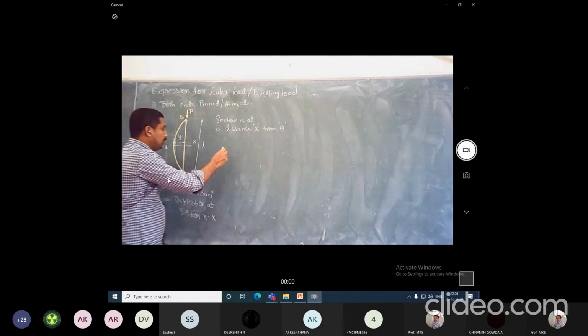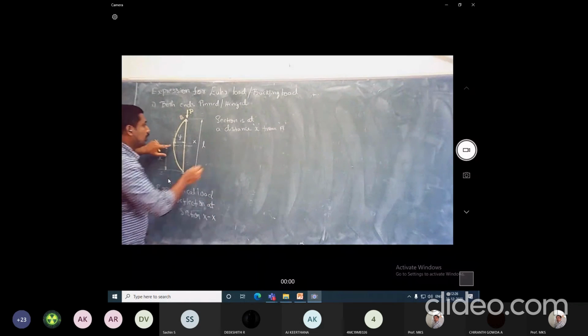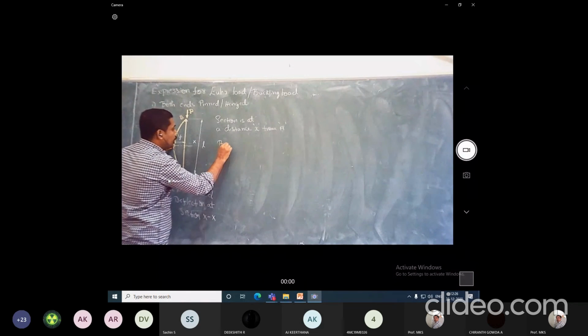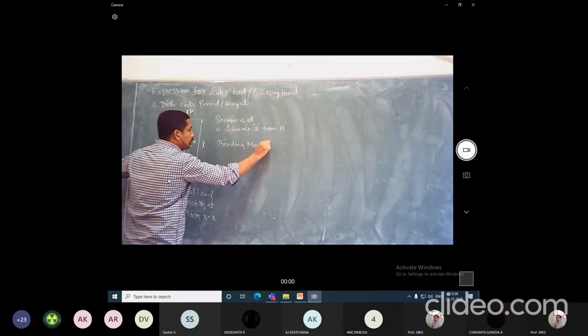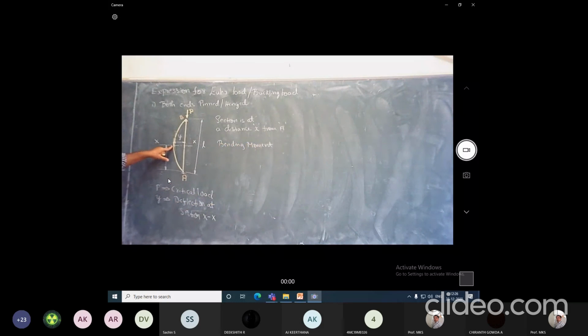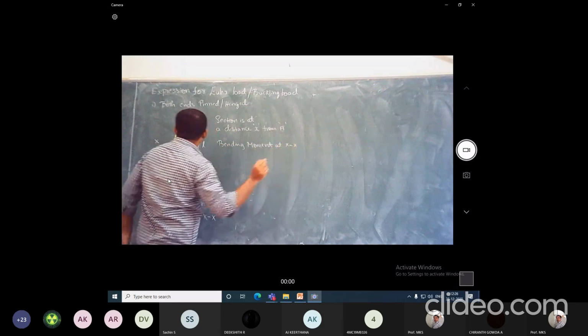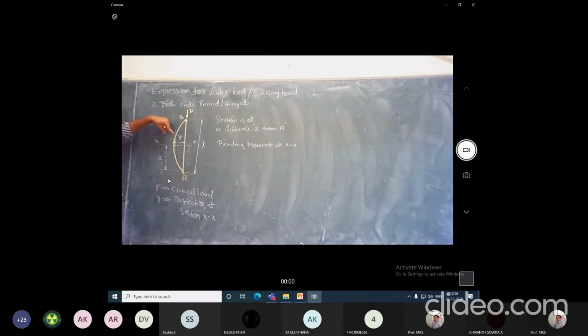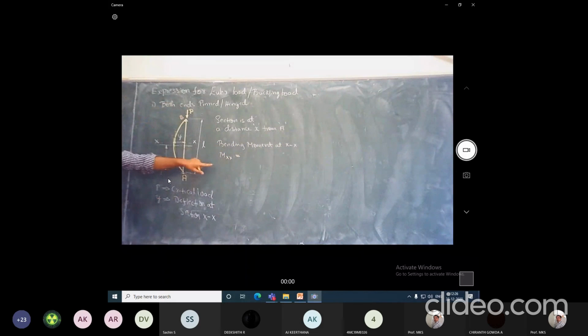So now let us find the bending moment at this section x. Let the moment at the section x be Mxx.